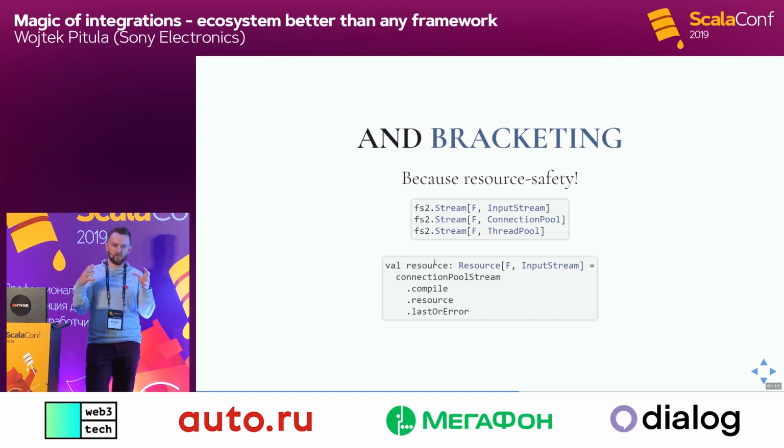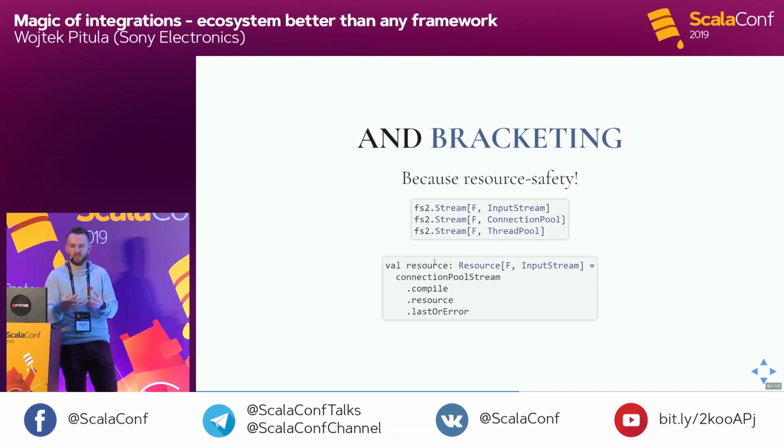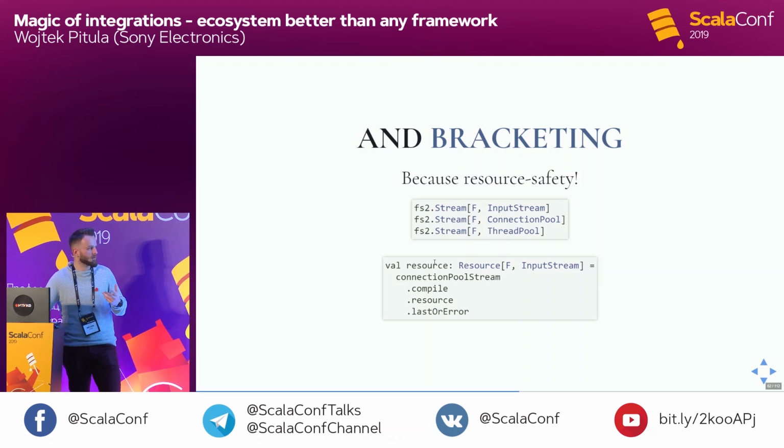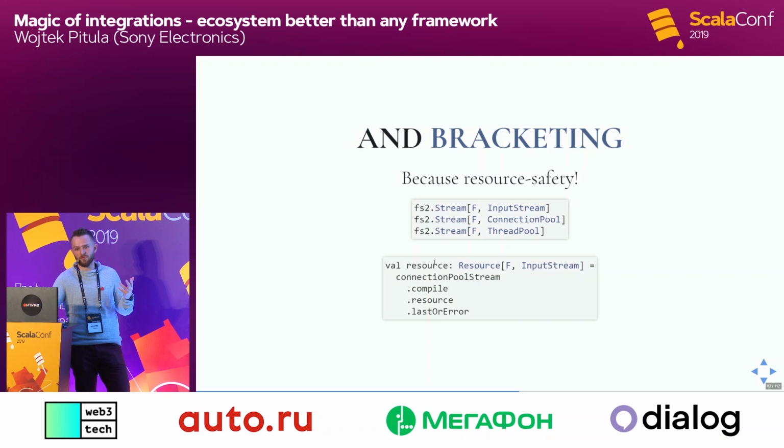So when the stream processing is completed, it will close the connection pool, allowing you to save resource deallocation. This is basically equivalent to Cats Effect Resource, if you're familiar with that. It's just something that allows you to register a shutdown operation.